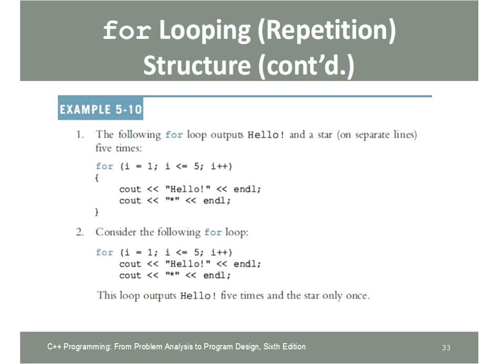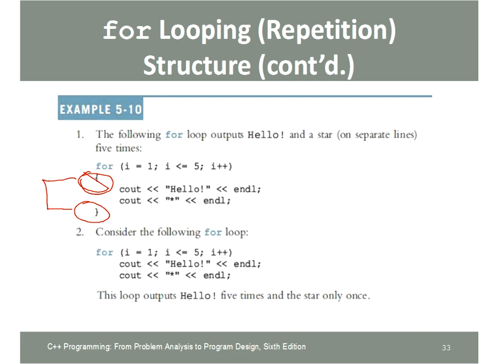Now, the key here is to see the body of the loop. Just like with the selection statements, we have a body of the loop, so it goes from curly bracket to curly bracket, and here we display hello, exclamation, and then in a new line we display the asterisk.